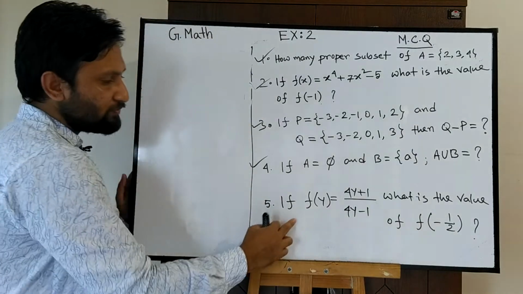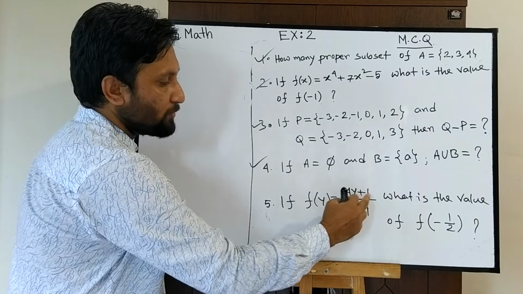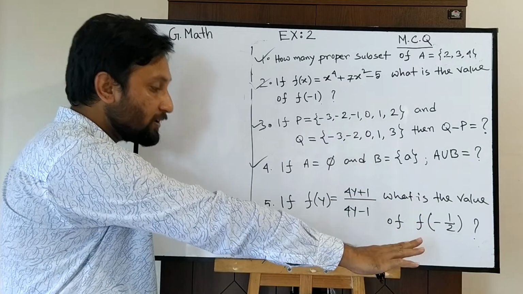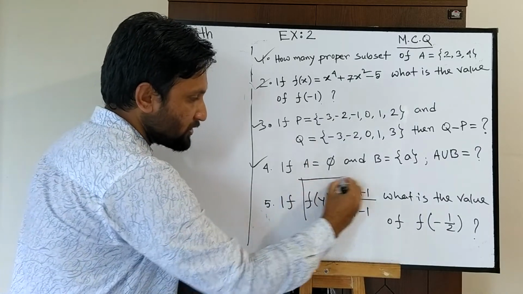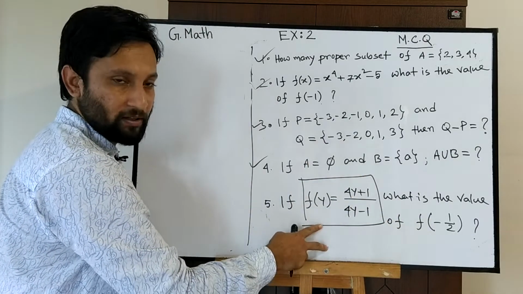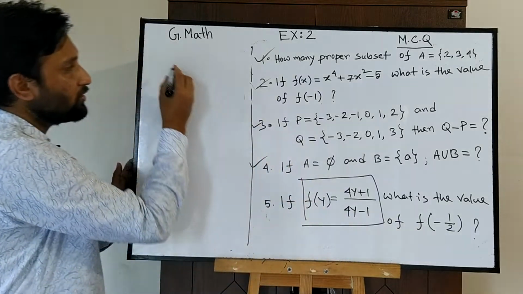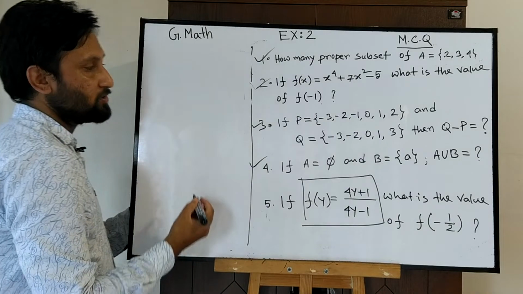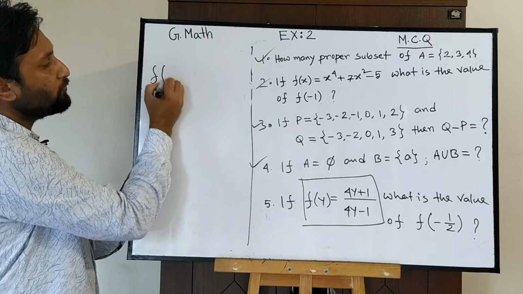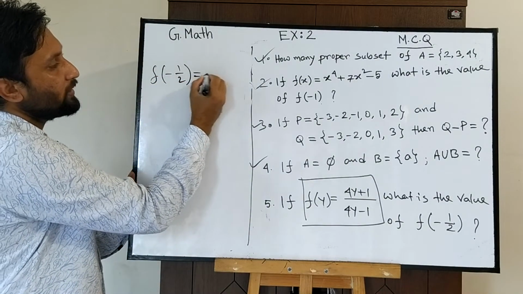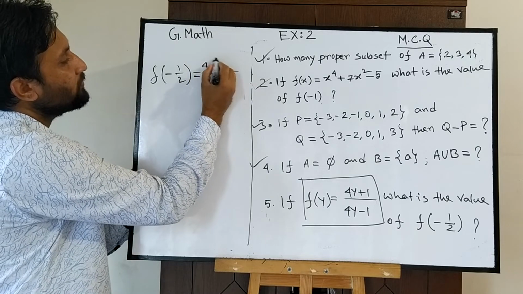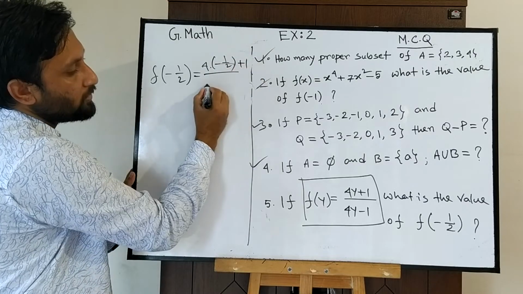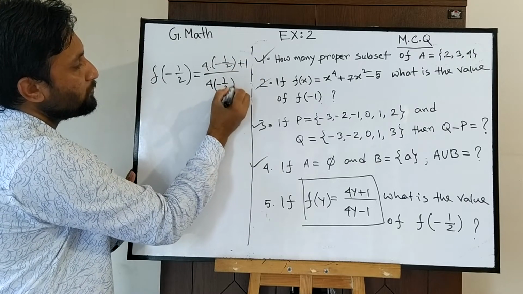Then question 5. If f of y equals 4y plus 1 over 4y minus 1, then what is the value of f of minus half? This is the function of y. So if we replace y by minus half, then we get our solution. Here f of minus half is 4 into minus half plus 1, over 4 into minus half minus 1.